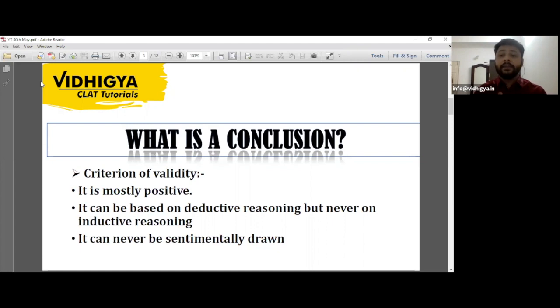Then we consider the aspect which can be taken as a message out of a given piece of text, or as you observe an event. If we try to define it, conclusion is the message that we take for ourselves out of a given piece of text or an action. This is the basic definition of conclusion and how it is different from assumption. Assumption is the author's perspective and conclusion is the reader's perspective.